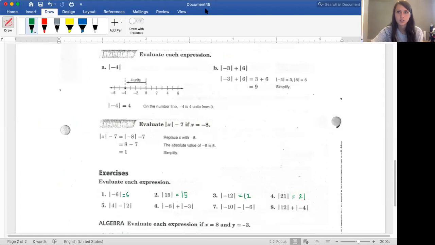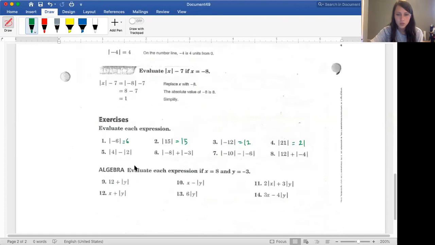What if we have to work these numbers out in an expression, in an equation that we're working out? So, for example, number 5, we're putting the absolute value of these numbers and then we're subtracting them, okay? So that means I have to translate each absolute value into what they are before I work it out.